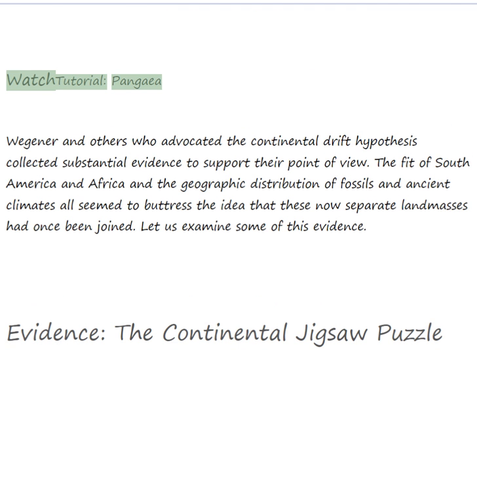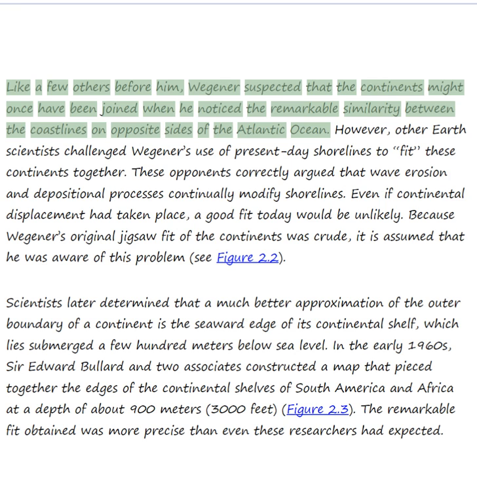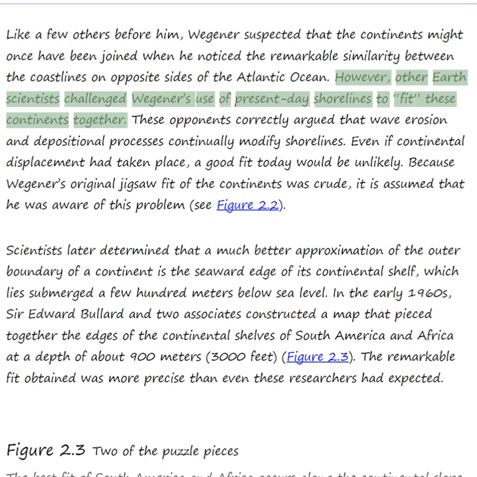Evidence: the continental jigsaw puzzle. Watch tutorial, Pangaea. Like a few others before him, Wegener suspected that the continents might once have been joined when he noticed the remarkable similarity between the coastlines on opposite sides of the Atlantic Ocean. However, other Earth scientists challenged Wegener's use of present-day shorelines to fit these continents together.